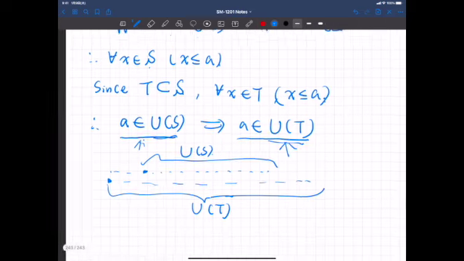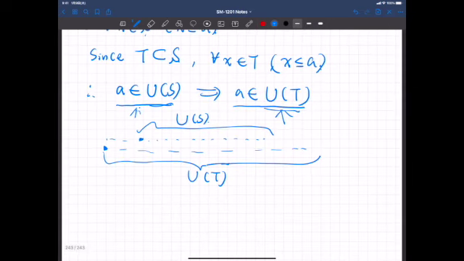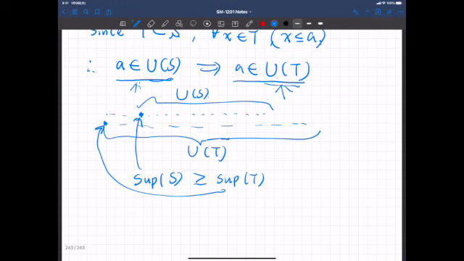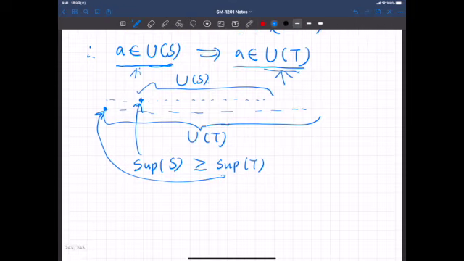So therefore, the supremum of S, this one, should be greater than the supremum of T, which is this one. Okay, and we can prove the second part similarly.